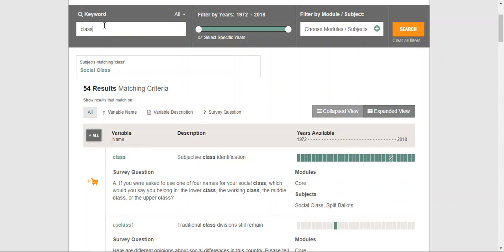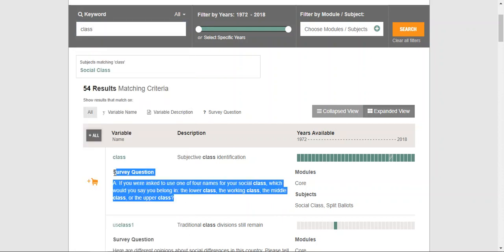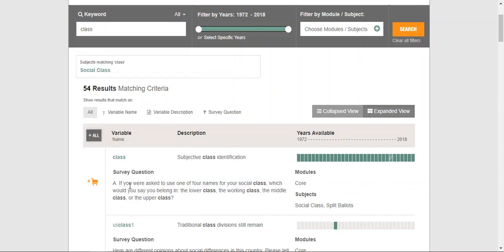So I go ahead and search for the word class, and I found this one. If you were asked one of the four names of your social class, what would you say you belong to? Lower class, working class, middle class, or upper class? So that'd be a variable you could use.